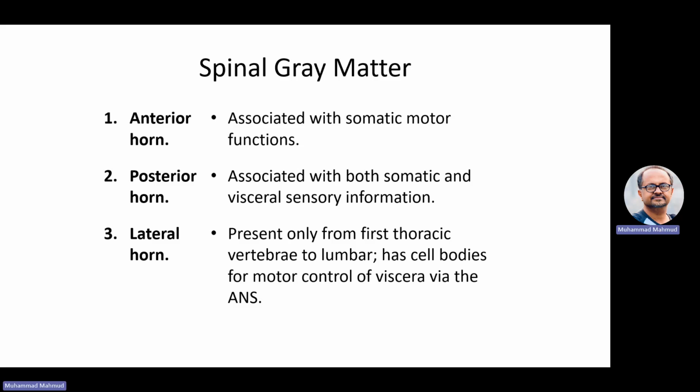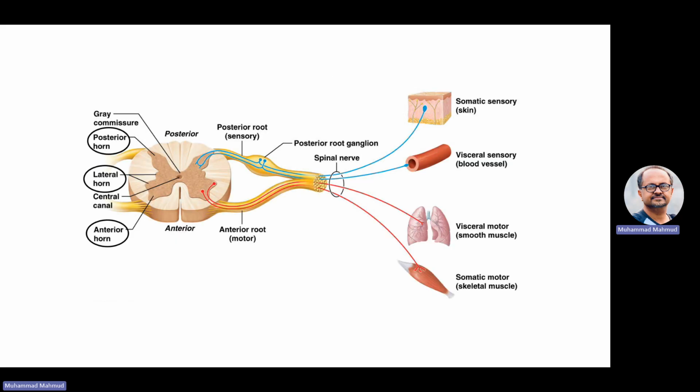Anterior horn associated with somatic motor function. Posterior horn with both somatic and visceral sensory function. So let's take a look into this first. Anterior horn, you see that the red lines coming from the in front of the spinal cord, that's the anterior horn.